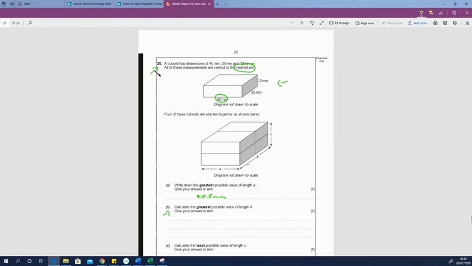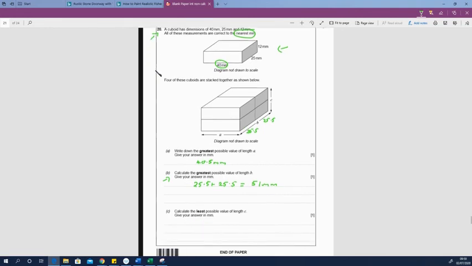Well, B, we have 25, but the greatest possible value could be 25.5. So you've got 2 together, so 25.5 plus 25.5 is equal to 51. So it could be 51 millimeters.